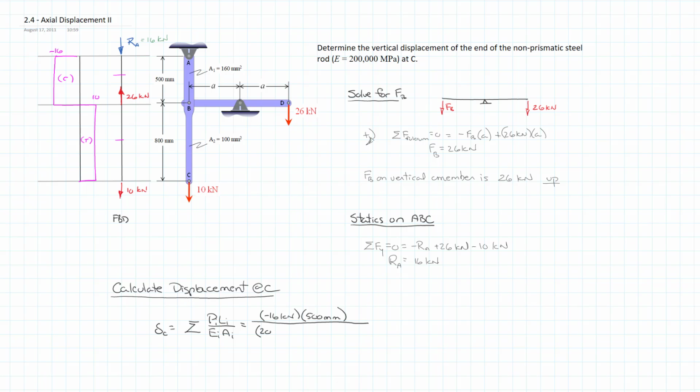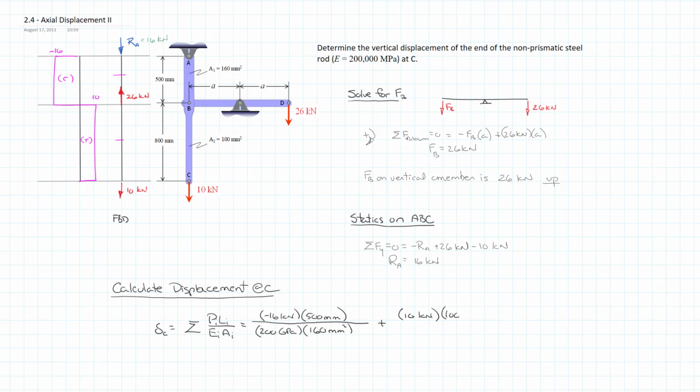And our E then would be 200 gigapascals, and our area, as shown in the diagram, of 160 millimeters squared. And so that would be the displacement that's happening between A and B. And to that, we have to add the displacement that would happen between B and C. In this case, it's a positive 10 kilonewtons.